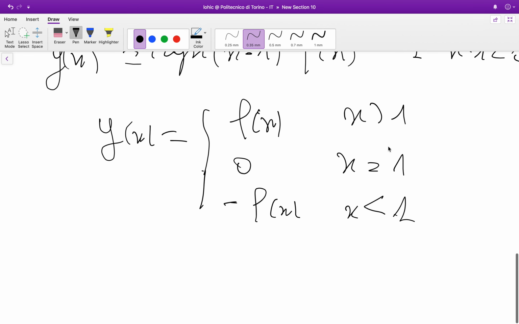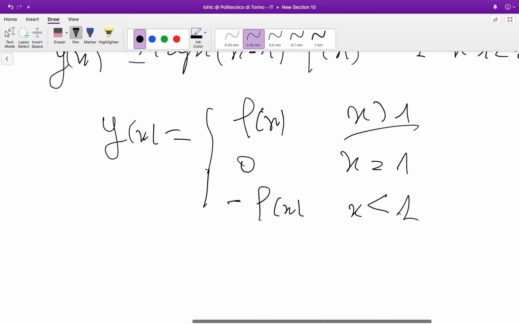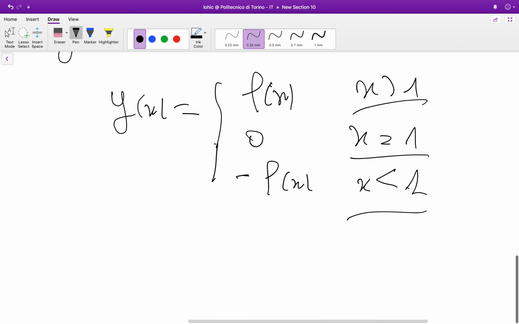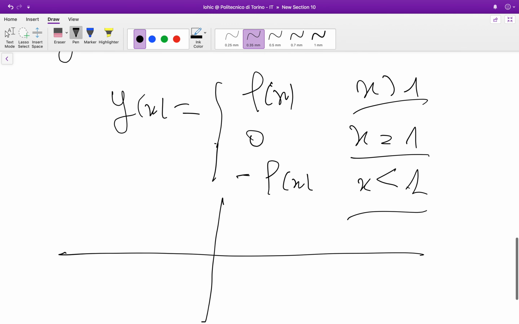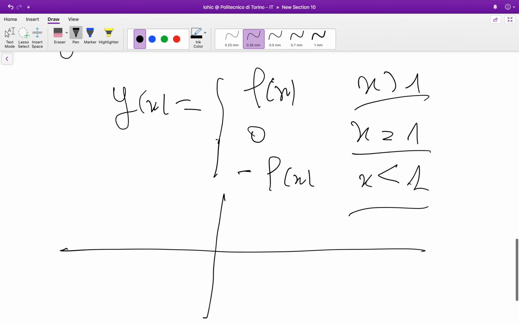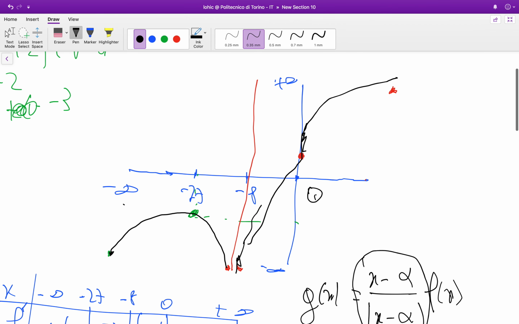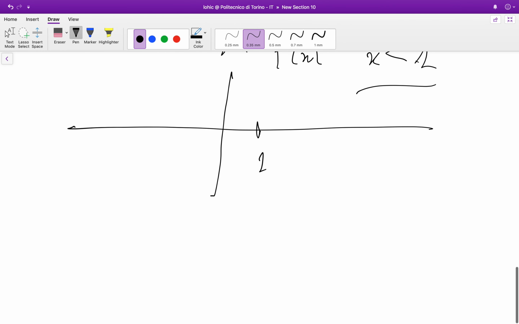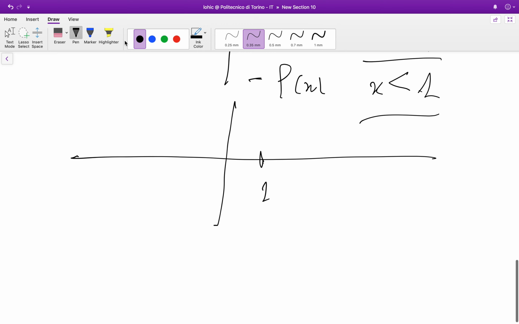These are the possible situations. So g of x is equal to f of x, 0 and minus f of x according to these cases. Going back, if x is bigger than 1, starting from 1, we have exactly the same f of x. Let me draw it a bit below.